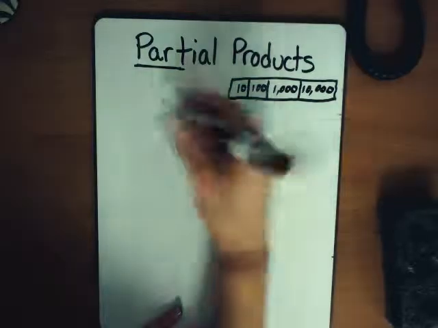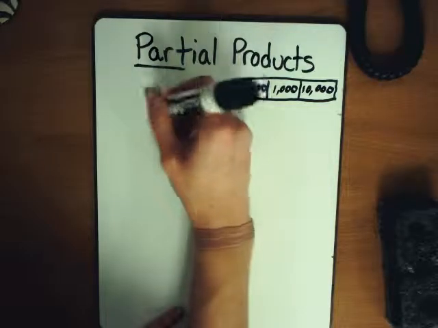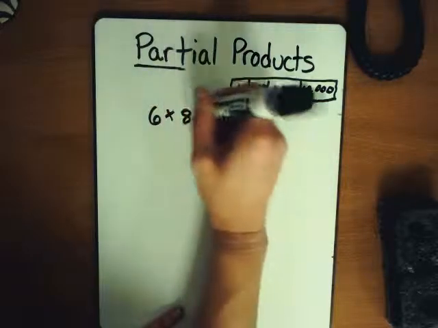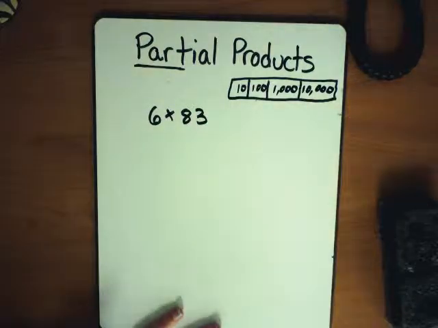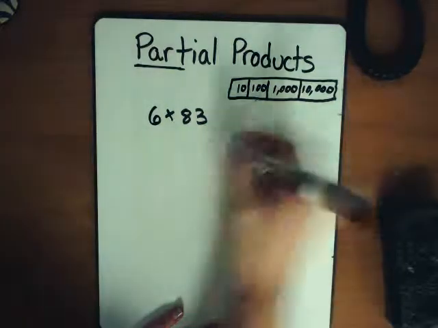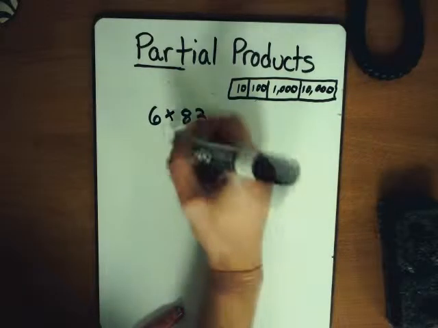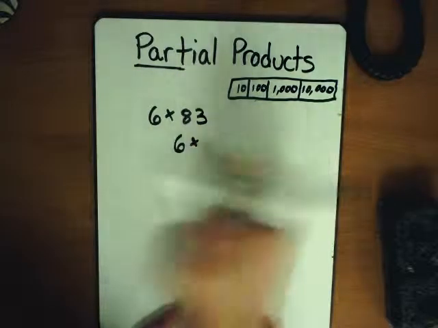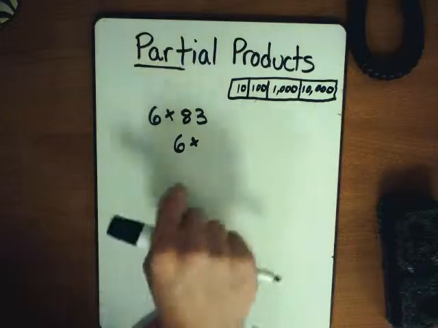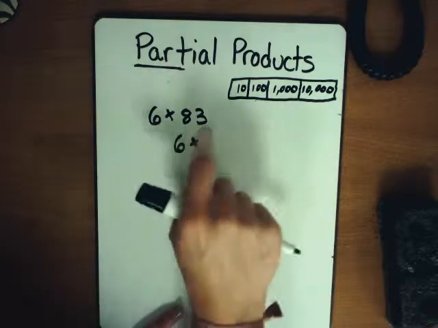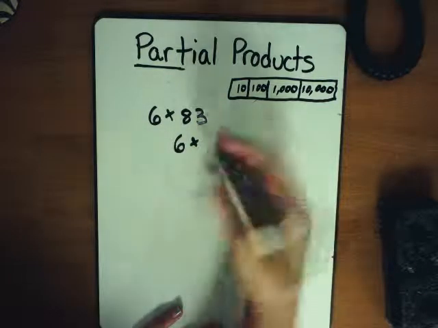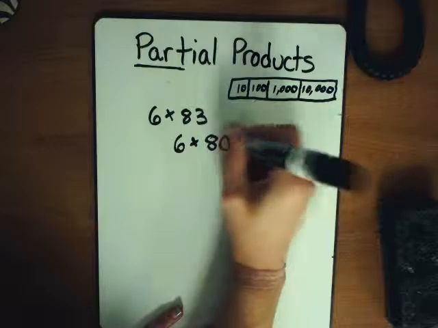Okay, so this next one, I want to find the product of 6 times 83. So the first thing I'll do again is I will round to get a ballpark estimate to determine whether my answer is reasonable. I'm going to leave my 6 alone, because it was already easy, just a single digit. 83, I'll look at the 3, 1, 2, 3, no thumb, so I'll just round it to 80.